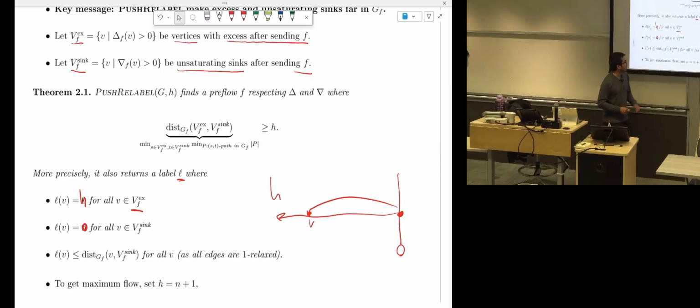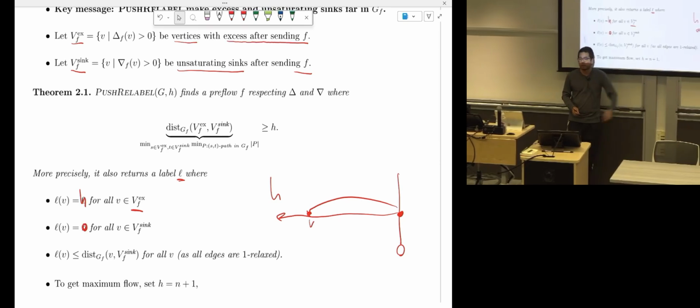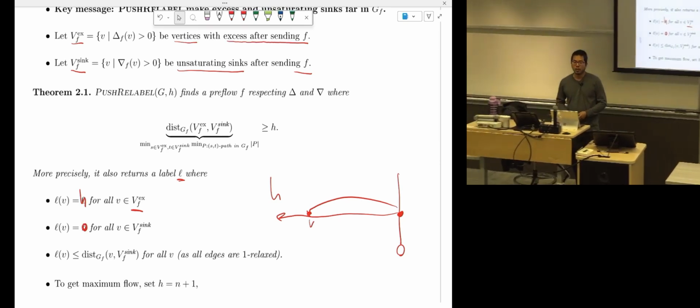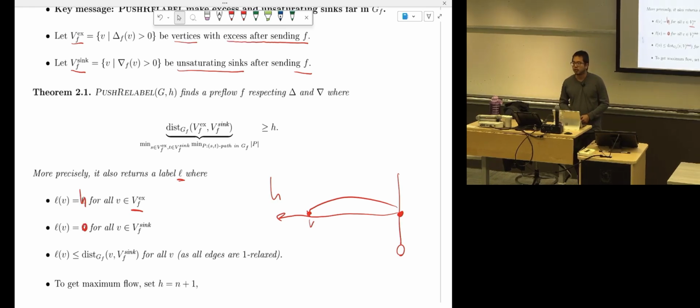And what we did last time is when we want maximum flow, we just set h to be n+1. Why did we do this? Why is n+1 a good number? All the distances have to be less than or equal to n, so we set this to n+1. If the distance is more than n, it just means that there's actually no path at all.